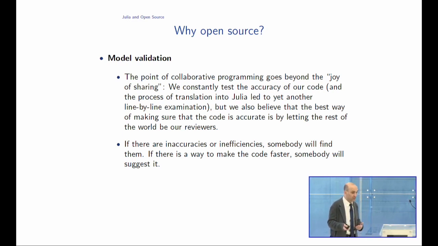Now, people got back to us, or there were some issues which were super minor, so it was not a big deal, but still is great to know that a number of other people have looked through the code, and if they don't understand something, they either email us or put a comment on GitHub and say, hey, why is this part of the code doing that? I don't understand. Because arguably that's the best way of validating the model. Okay?